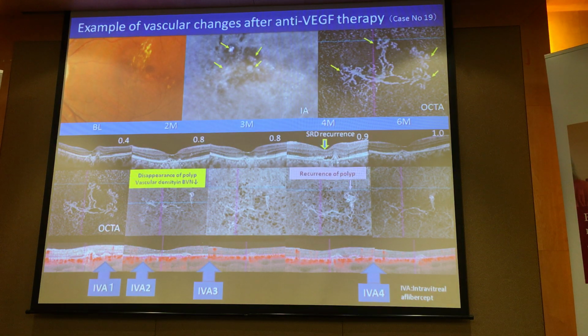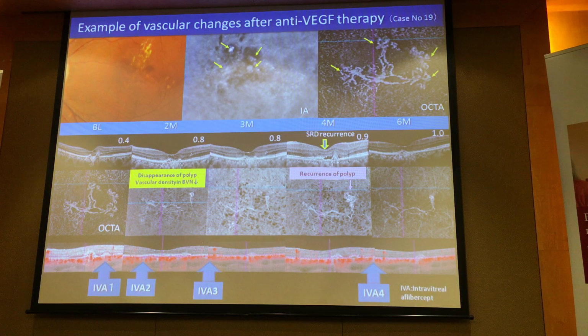Maybe the low flow region is a very old region with abnormal blood vessels and accumulation of extracellular matrix at the base of the region, so the anti-VEGF drug is not as effective.